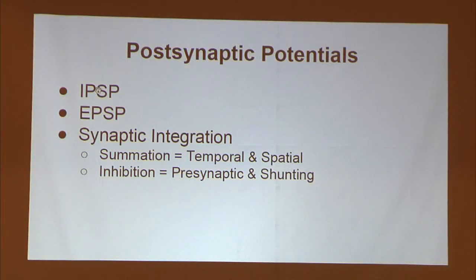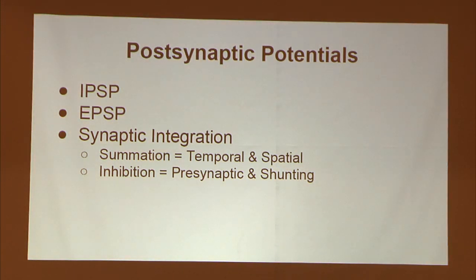Something that makes an inhibitory effect would have an inhibitory postsynaptic potential, or an IPSP. So something that is going to hyperpolarize the cell, like potassium leaving or chloride getting in, is going to cause an IPSP, something that stops an action potential from occurring in that postsynaptic neuron.